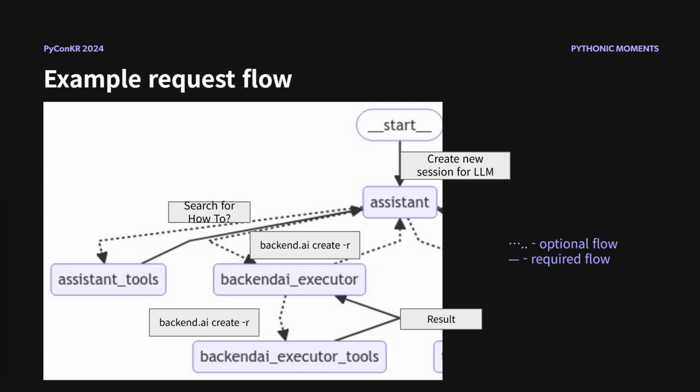If the executor is unable to resolve the error, the problem is escalated above to the assistant, and the assistant tries to search for additional information in the documentation or knowledge base to assist the executor in resolving the issue. The feedback loop ensures that even when an error occurs, the system can correct itself and continue operating smoothly.